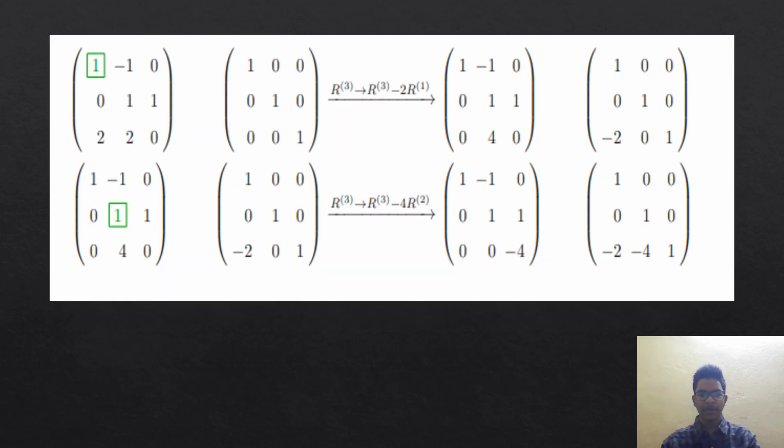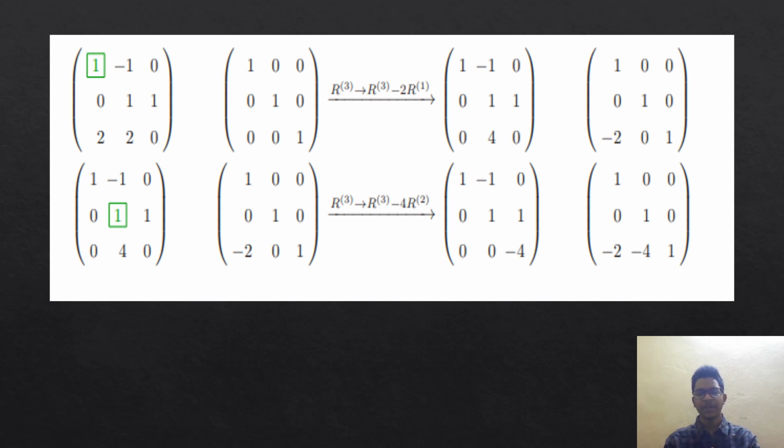And here is the given matrix with the Gauss-Jordan method applied. Here the green colored ones are pivot elements. The matrix [1, -1, 0; 0, 1, 1; 2, 2, 0] is written next to the identity matrix [1, 0, 0; 0, 1, 0; 0, 0, 1], and we do the transformation of row 3 to row 3 minus 2 times row 1.